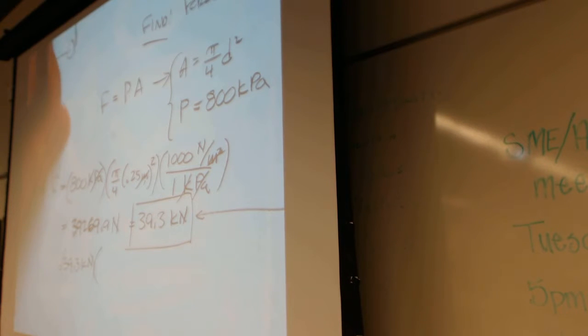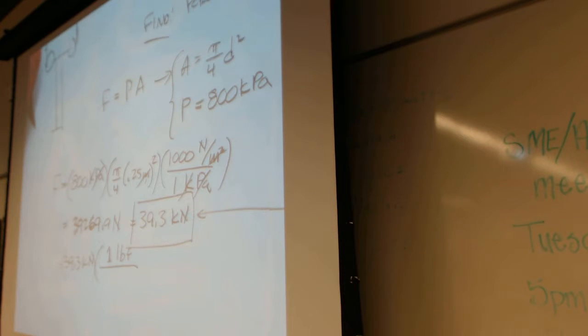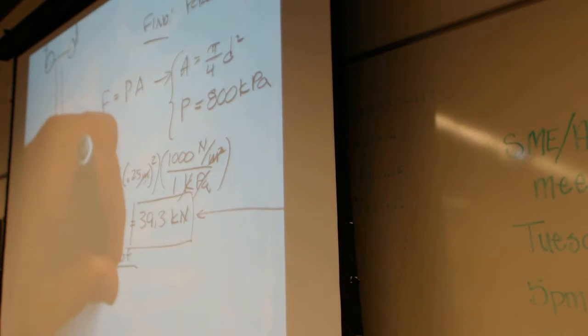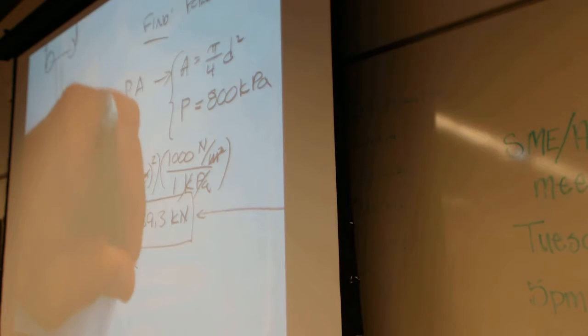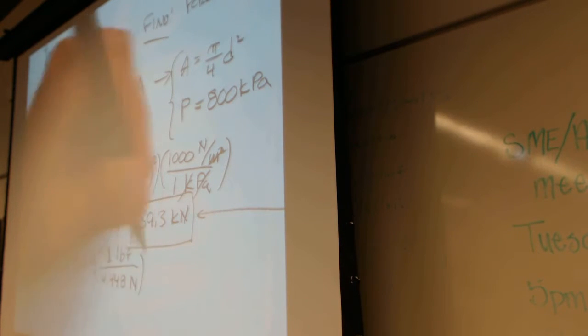And according to the front of your book, 1 pound force, and that's exactly one, with as many zeros as you want, it's a definition, is 4.448 and more digits I won't use, newtons.